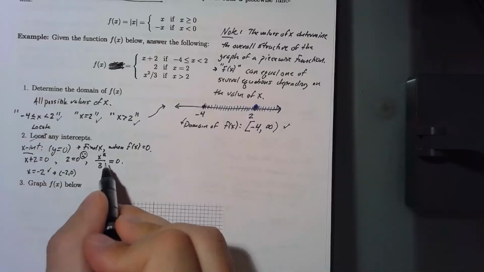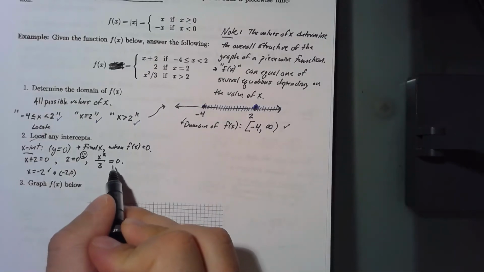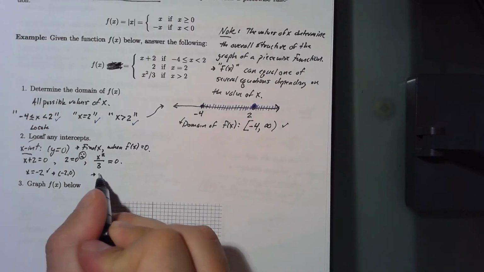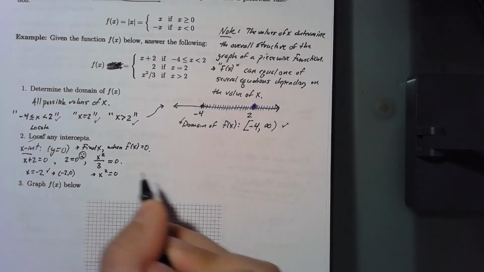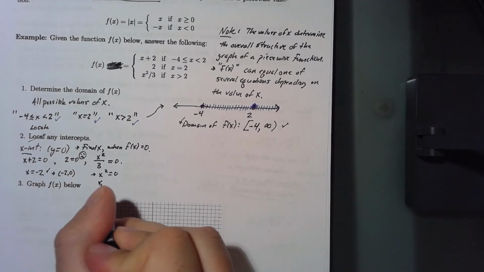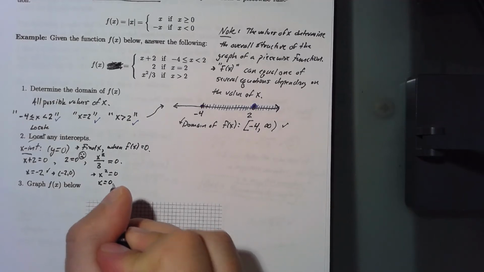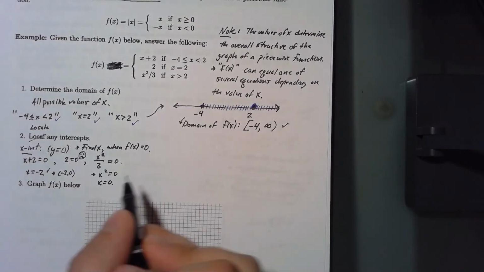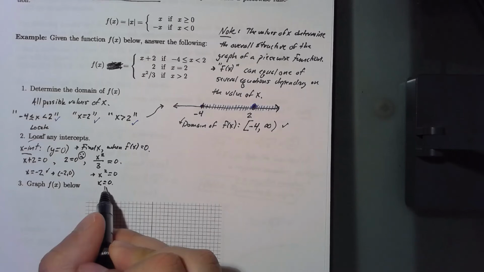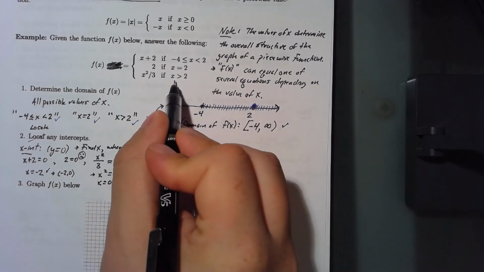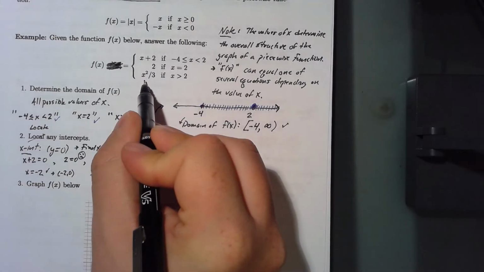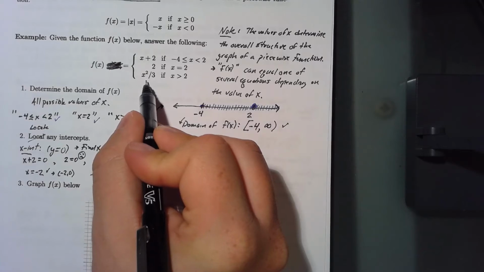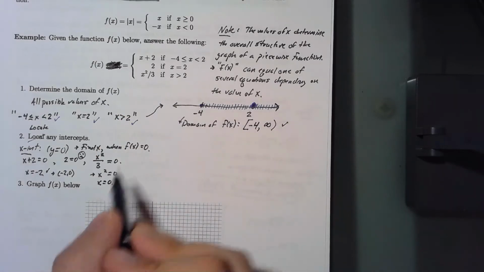Let's look at this one. How do I solve this for x? Well, I can multiply both sides by 3 and get x squared equals 0. Take the square root and get x equals 0. That looks good. However, there's one little problem. Is x equals 0 in the interval for when f of x equals x squared divided by 3? In other words, is 0 greater than 2?